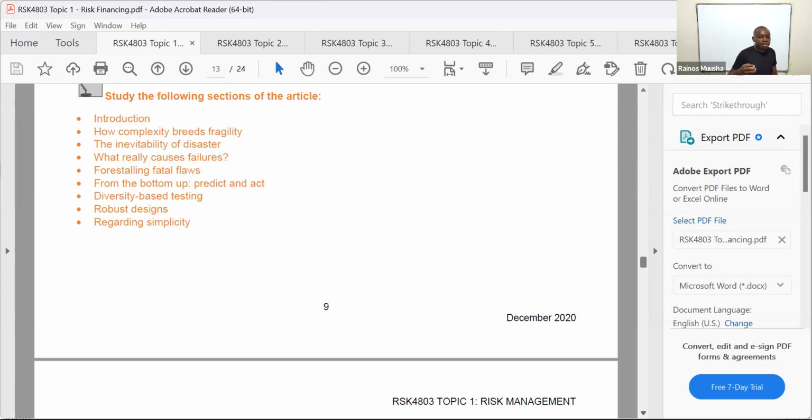Exogenous factors are basically those risk factors which are coming from external sources, which are not within the control of the organization. For example, the effect of the pandemic, or the effect of recessions. They are risk factors which are not necessarily within the control of the organization.